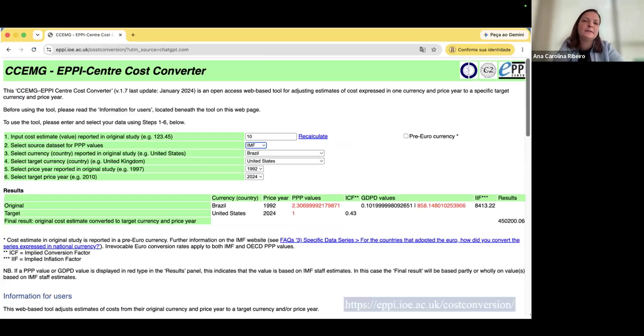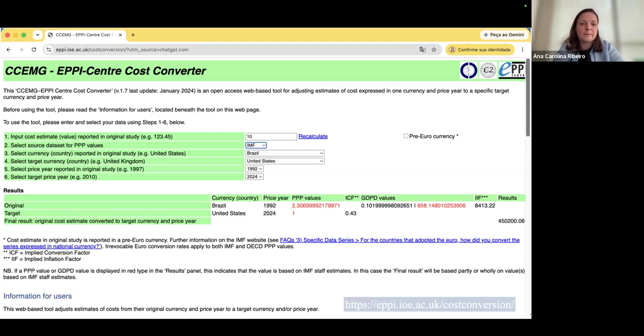Here we can see the website we used for this conversion. Although this website is still listed by Cochrane Economics, it appears not to have been updated since 2024. I searched for a newer version or an updated web address, but I did not find any official information indicating that the tool had been replaced.